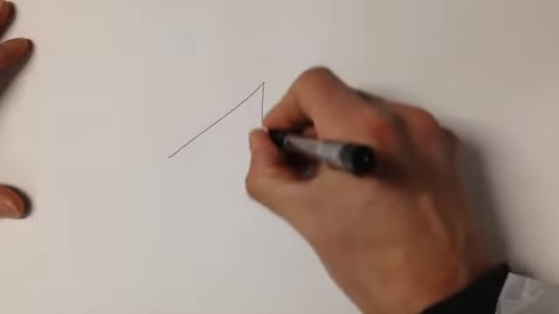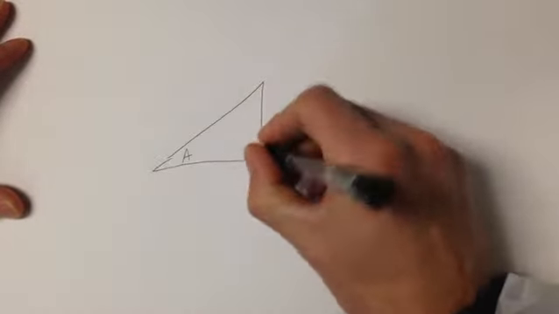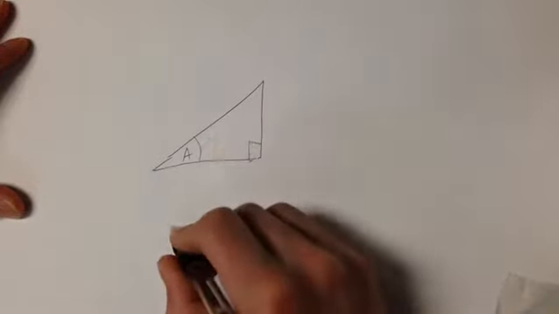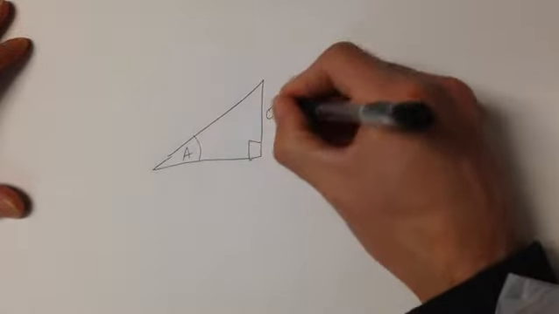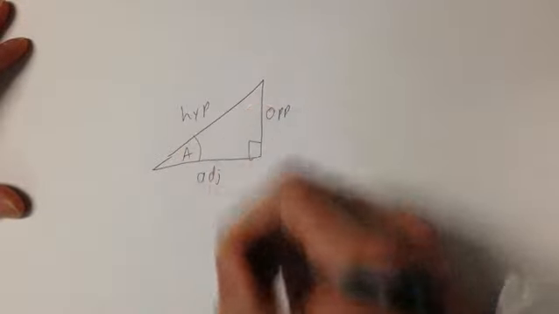Okay, at this point, we're now ready to look at finding trig ratios for angles greater than 90 degrees. We need to bring in something new to do this, because traditionally, you've learned about trigonometry where you have a right angle, you have an angle in question, and you have an opposite, a hypotenuse, and an adjacent side.